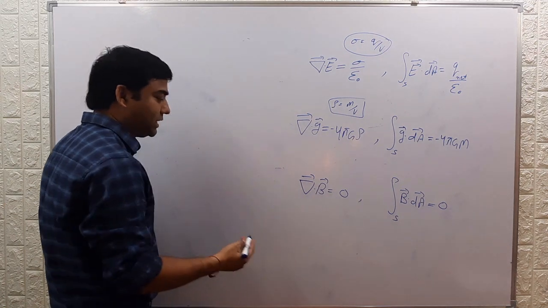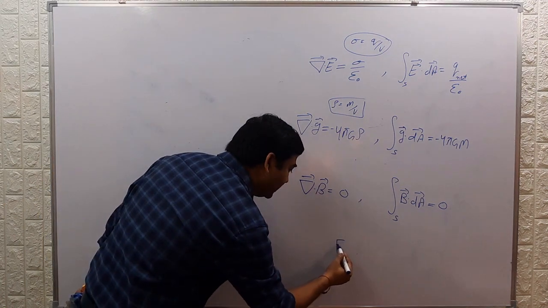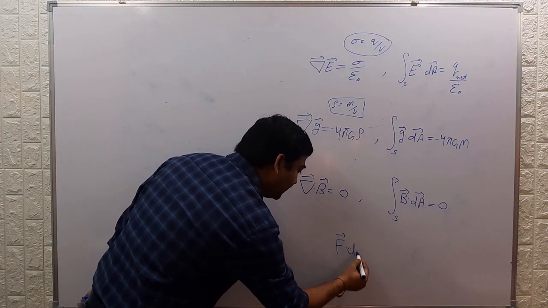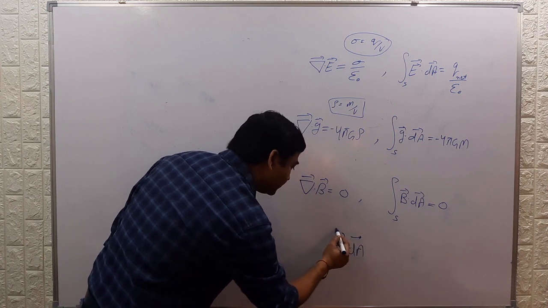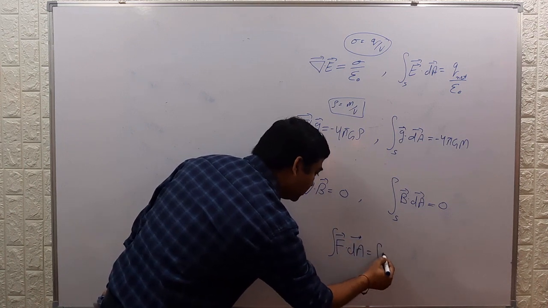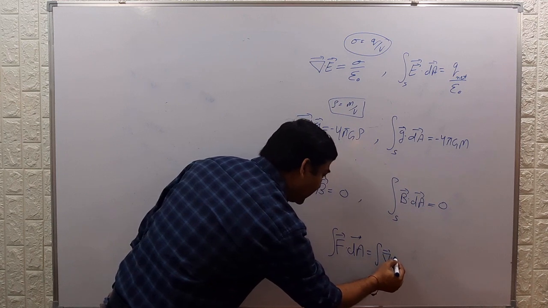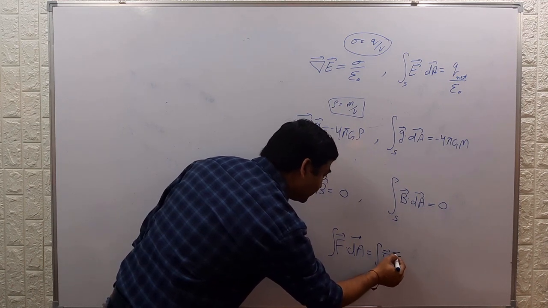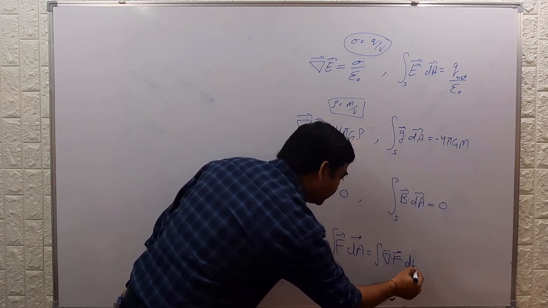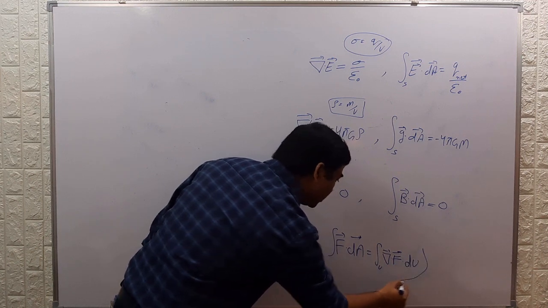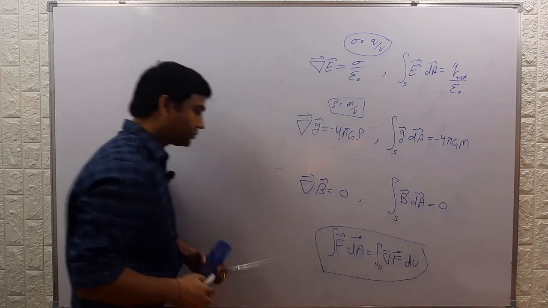So we have discussed Gauss divergence theorem for any vector field F is given by integral of F dot dA is equal to integral of divergence of F dV. This is Gauss divergence theorem.